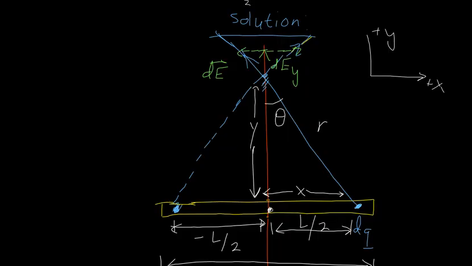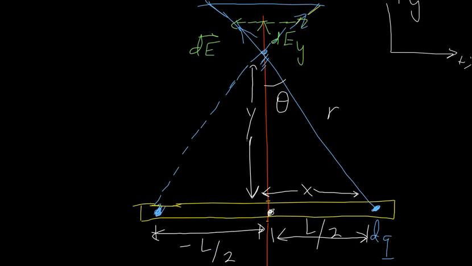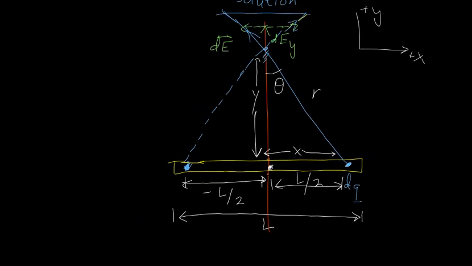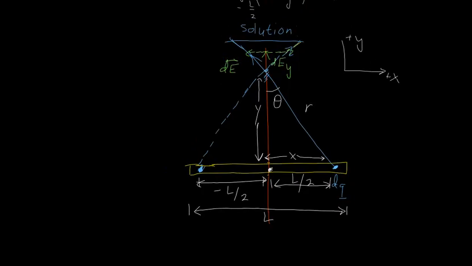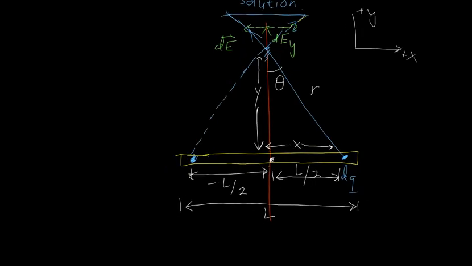Think of this as the center of mass of the rod. So the center of mass of my rod is located at 0, comma y coordinates. I highlighted it right down here, the dot. That's my center of mass, right at the midpoint of the rod. Now, this diagram is going to explain how we get the following.